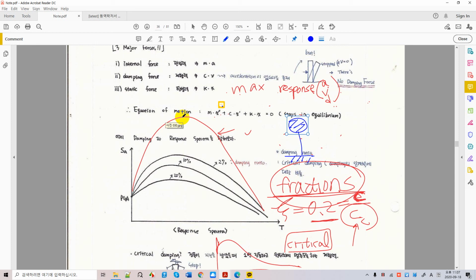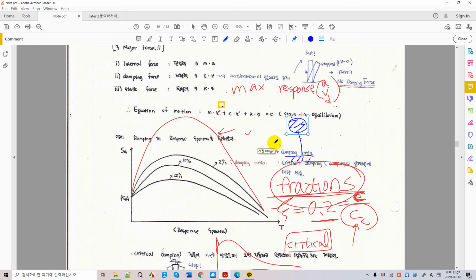You feel tired, right? Okay, so the maximum response of the single degree of freedom system as a function of period and damping ratio. Okay, I'll give you a few seconds to try to memorize the definition of response spectra.